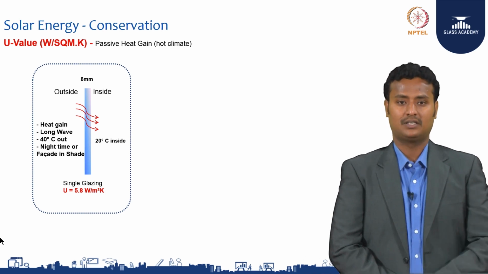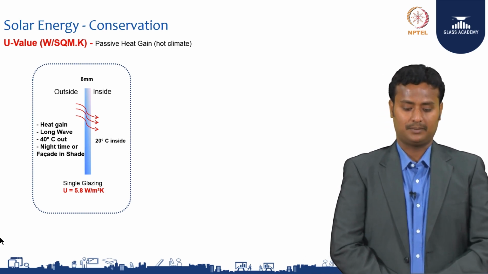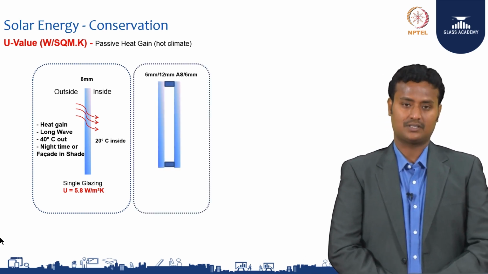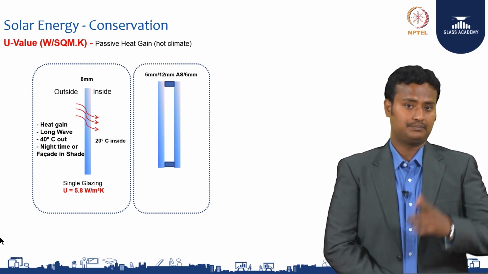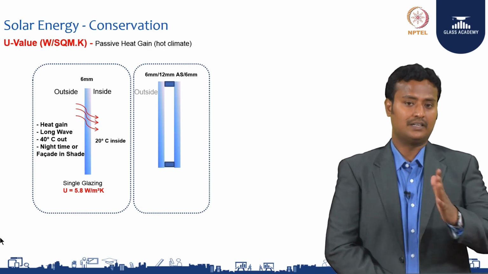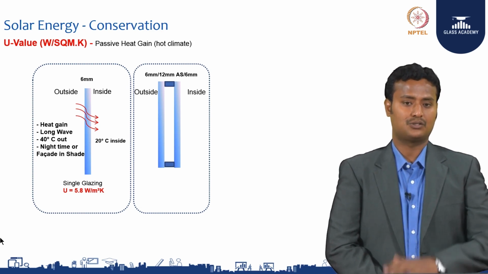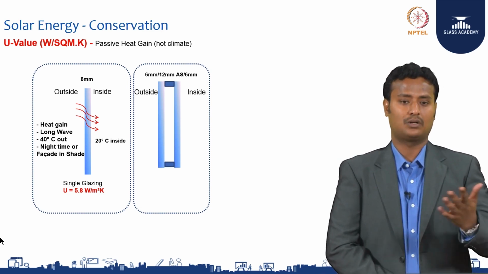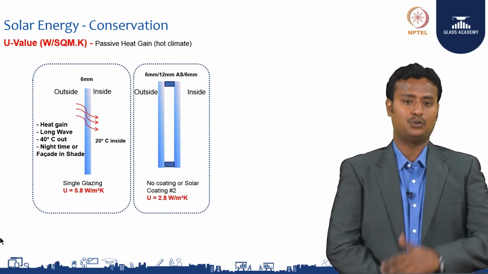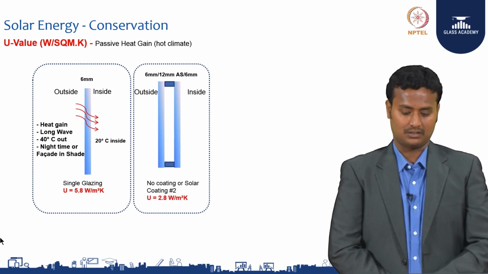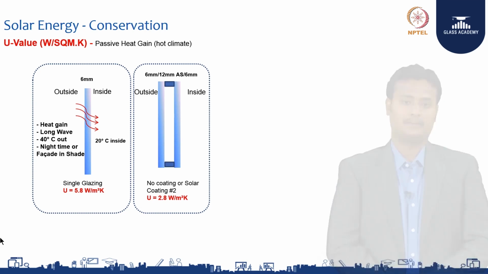You can have it in the form of 6 plus 12 plus 6, which is a 24 mm DGU. For example, with clear glass, with no coating or solar coating on face 2, you can get a U value of 2.8 watts per meter square Kelvin.